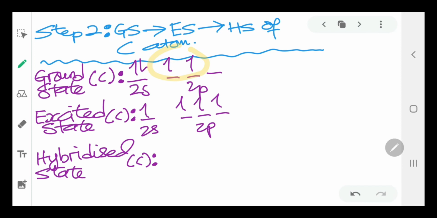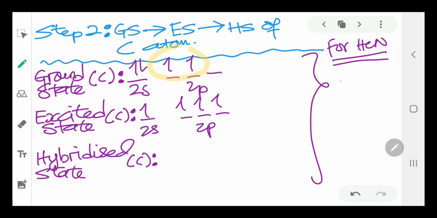But you need to know how many orbitals you need to hybridize. Remember, for HCN, it has 2 sigma bonds and then 2 pi bonds.